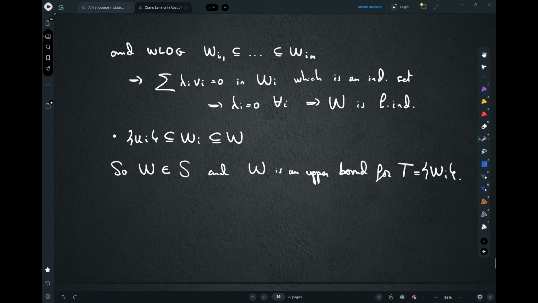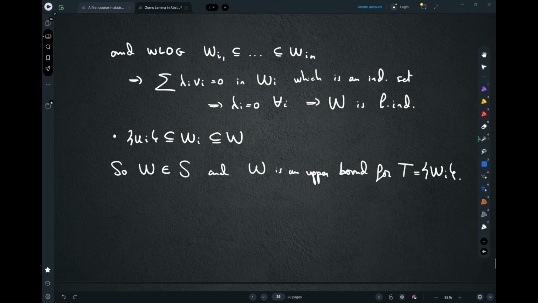But if this linear dependence is happening in just one of the sets, which we know are linearly independent, then all those lambdas have to be zero, and therefore this linear dependence was just trivial, and therefore W is linearly independent.